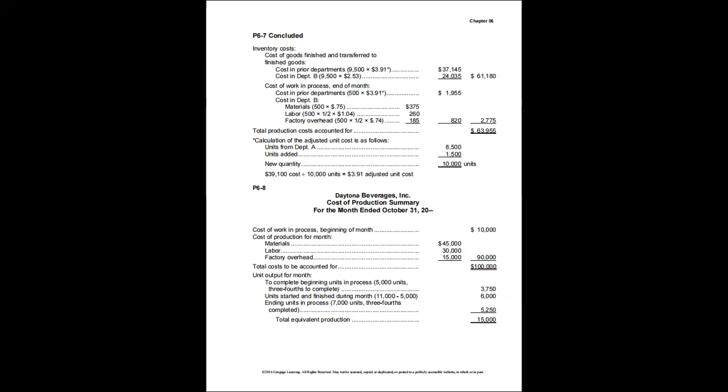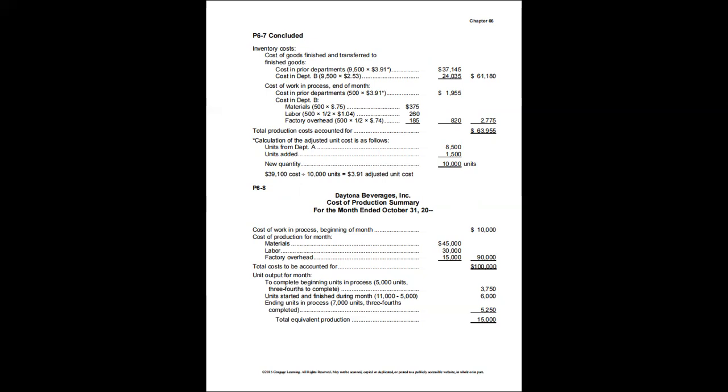Then we have the cost in Department B for materials, labor, and factory overhead. So the total production cost is accounted for as 63,955. We have the calculation of the adjusted unit cost.